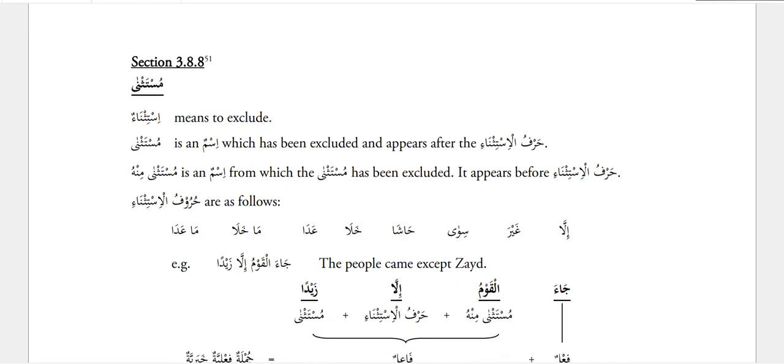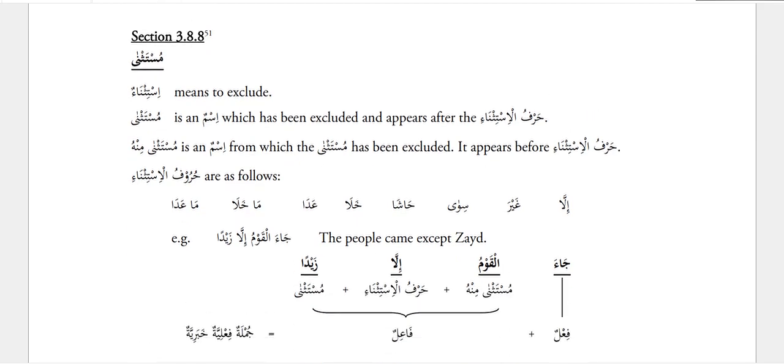Now we have the section 3.8.8 mustasna. It is not that important. I think important is not the accurate word. It is important, but a lot of things have been explained about mustasna, which is not used commonly in our general Arabic books.